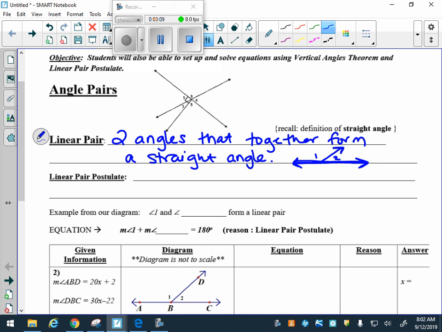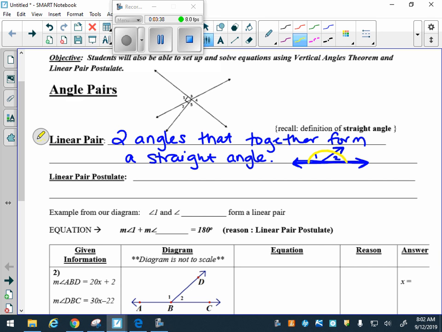And this is one angle and this is the other angle. And that's a linear pair. Now, notice this is the definition. This is the definition of linear pair. It just describes what the thing looks like. It's just describing it physically.